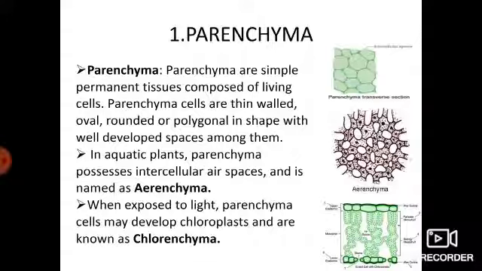Then the second type of parenchyma is chlorenchyma. When the parenchyma cells are exposed to light, they may develop chloroplast in them. So, they are called as chlorenchyma. See the picture in the leaf cells. More chloroplasts are seen. So, they are called chlorenchyma.